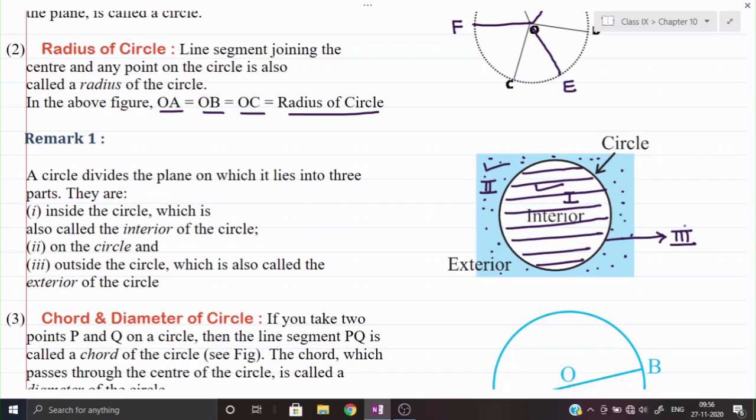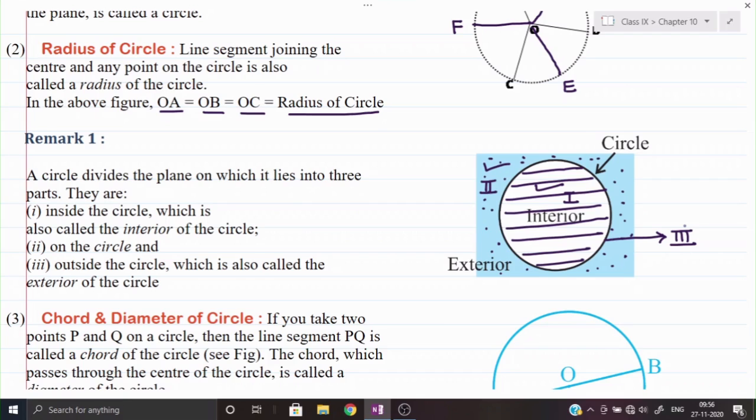So the boundary is a separate part, a very thin, very small part, that can be easily ignored. But if we see it carefully, the two parts we can easily identify: one is outside the circle, one is inside the circle. But one more part is there which is on the circle, that is, on its boundary.